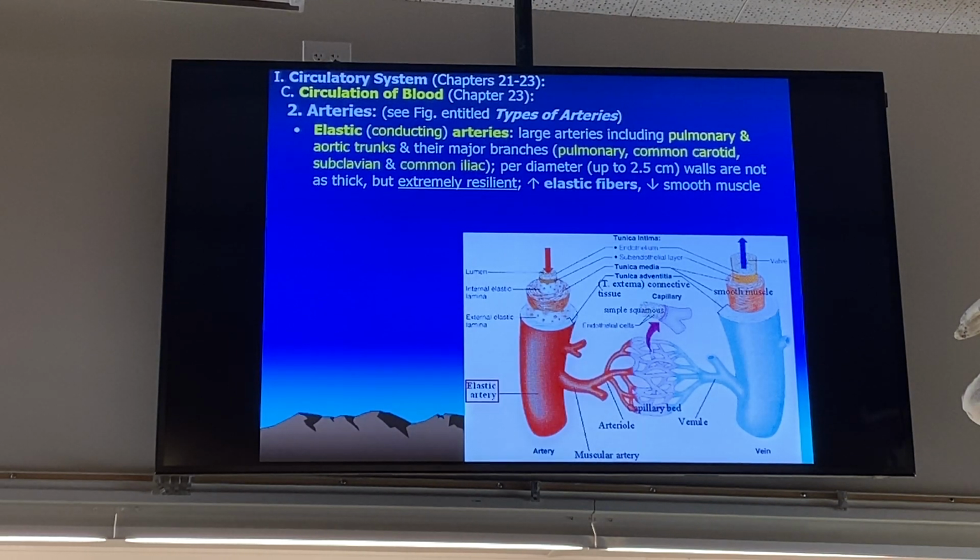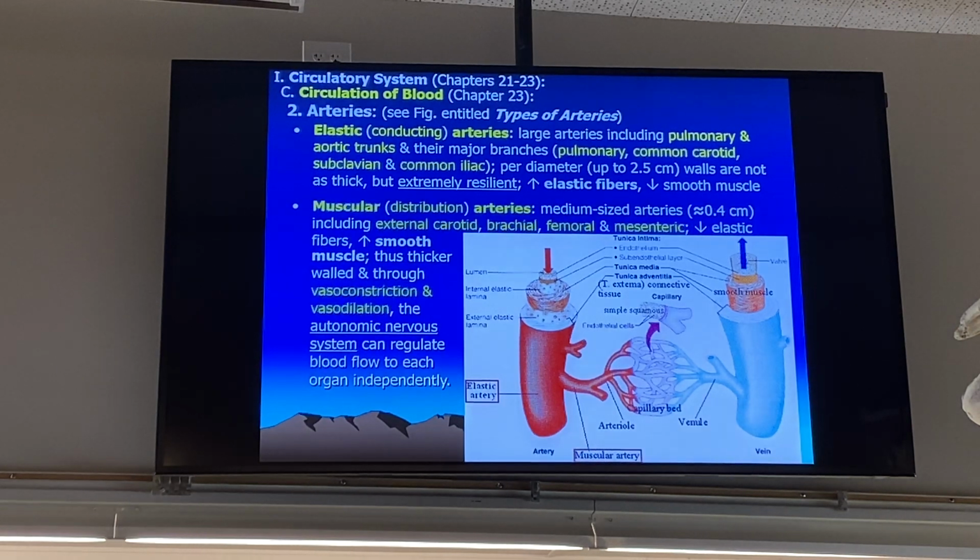Then if you have the arteries with internal and external on them, those are muscular arteries. Again, they have elastic fibers, but by percentage, the wall has much more smooth muscle.